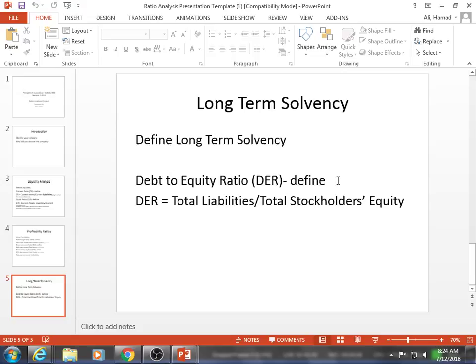So we want a ratio that has more equity than liability. We're looking at the structure of the capital: what percentage of it is debt, and what percentage of it is from the owners.